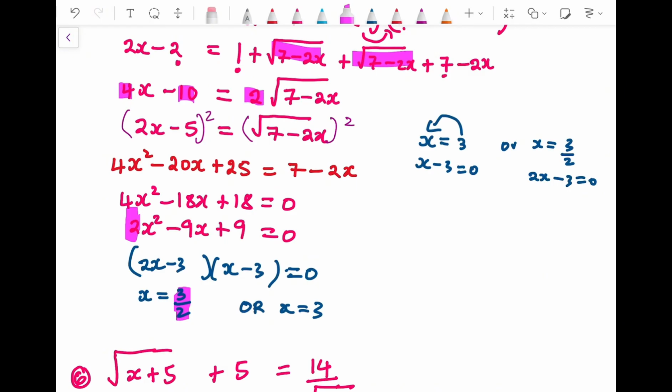But if you put 3, you will notice that right hand side is equal to left hand side. So you need to say x is never equal to 3/2. So the only solution here, we have x is equal to 3 only. That is your only answer for number 5.